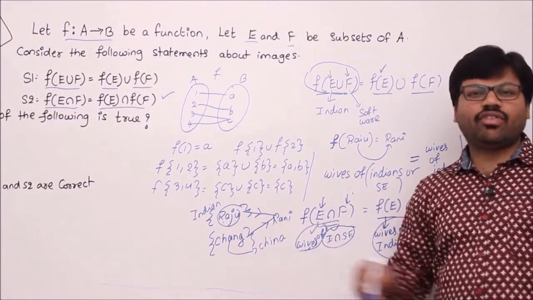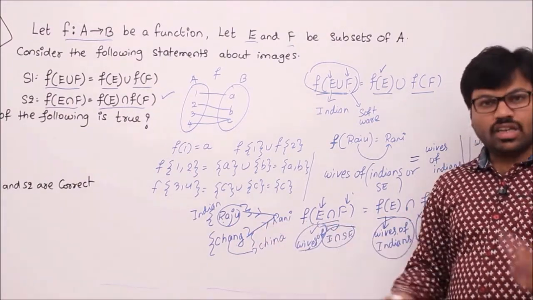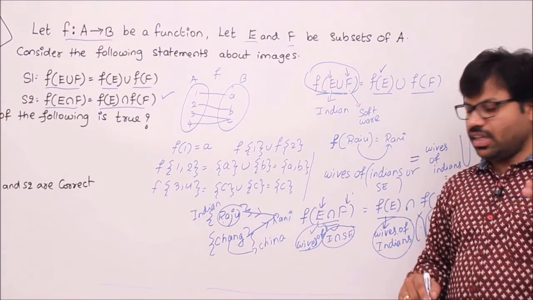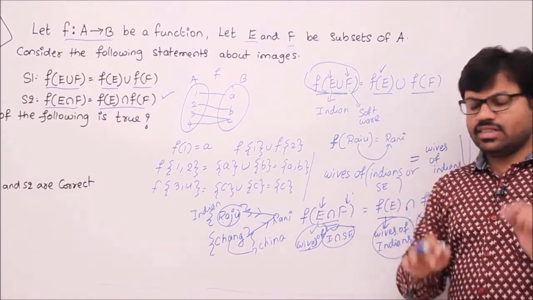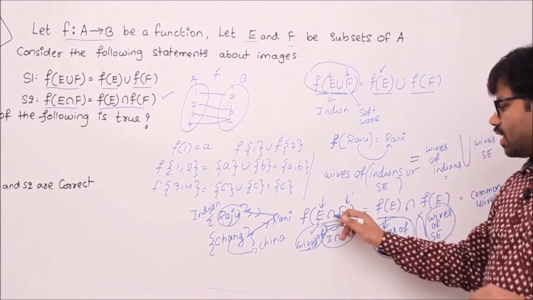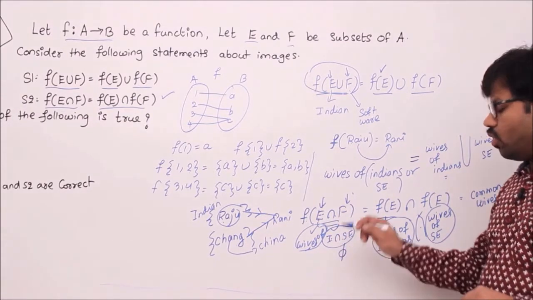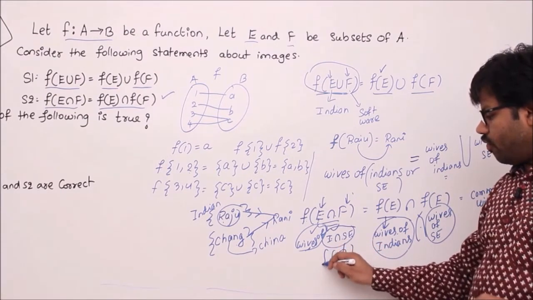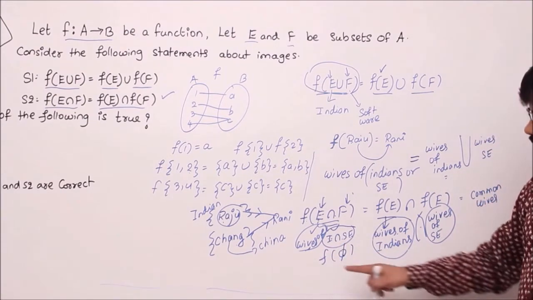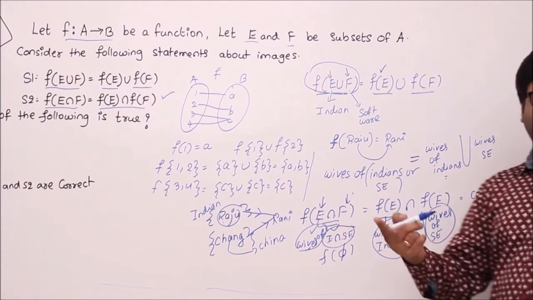There is no Indian software engineer here. The reason, Raju is Indian but not a software engineer. Chang is a software engineer but not Indian. In this case, E intersection F will become empty. There is no common person. Then if I apply the wife function f to the empty set, f of empty, that means wives of empty is empty.